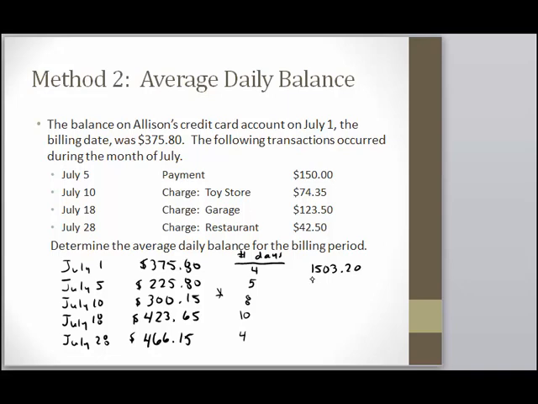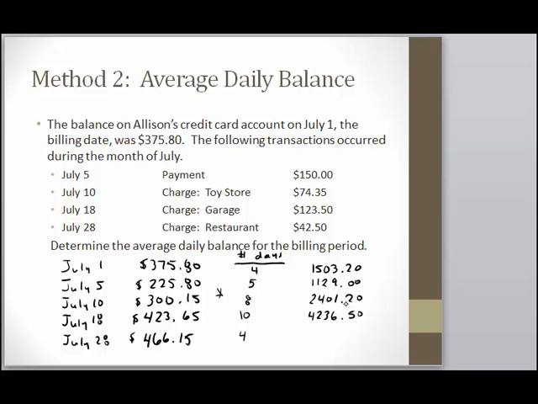That gives me 1129. 300.15 times 8 days at that balance, 2401.20. 423.65, and that balance held for 10 days, 4236.50.